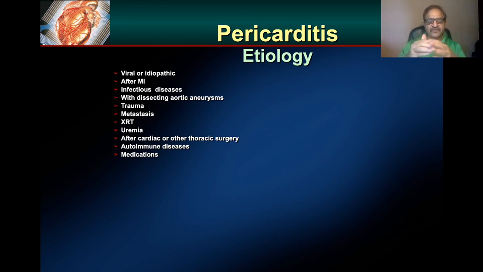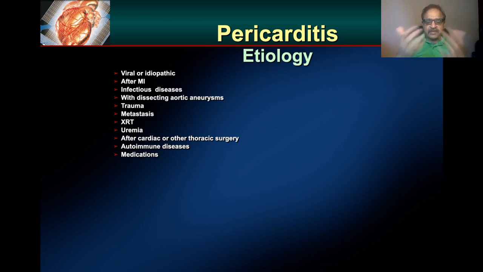Then there are infective diseases like bacterial infections and tuberculous pericarditis. It's a complication of dissecting aneurysm of aorta. Then there's traumatic pericarditis, malignant disorders like CA breast and bronchogenic carcinoma can infiltrate pericardium and can cause pericarditis.